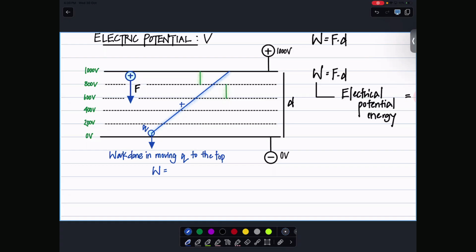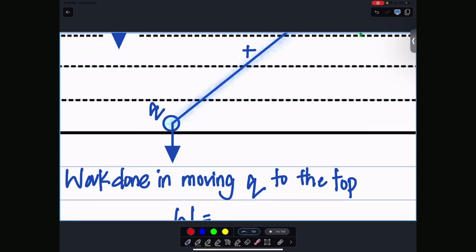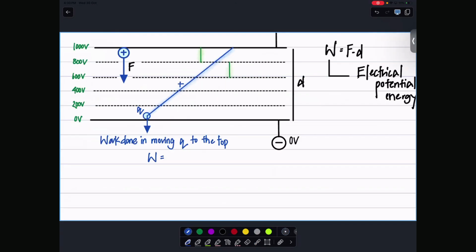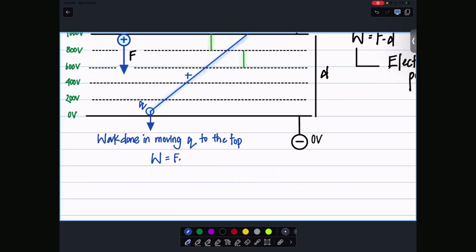You need to know the angle, and then you split the force into two components, one this way and the other perpendicular. This component is what the force would be, and then you can multiply with x. You can actually do that. By the way, same answer here. So in this case, work done is going to be F into D, since F and D are parallel.